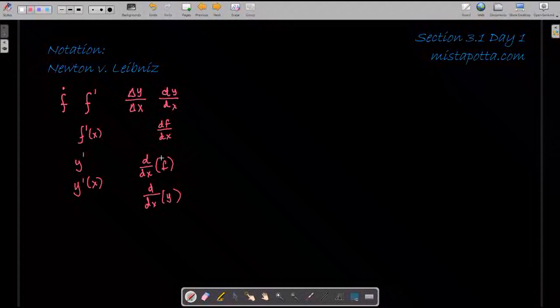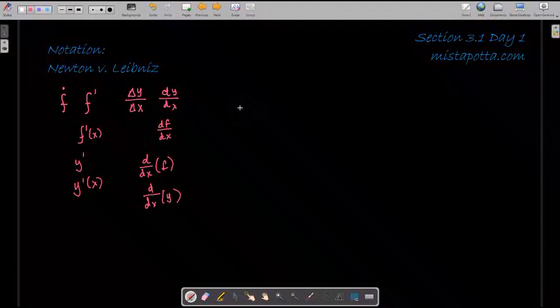What is the function that represents the speed when our function of position is given? All of these are applications for the derivative function. And so in our class, we'll be using all of these notations fairly interchangeably.